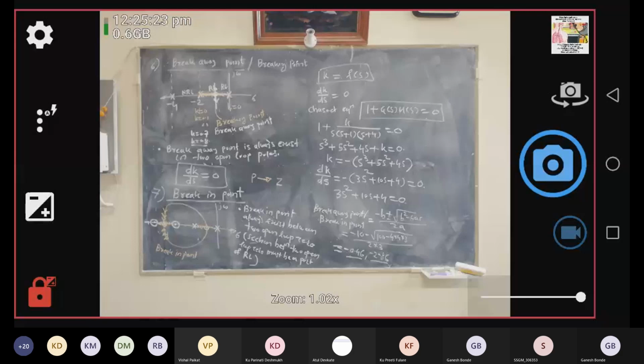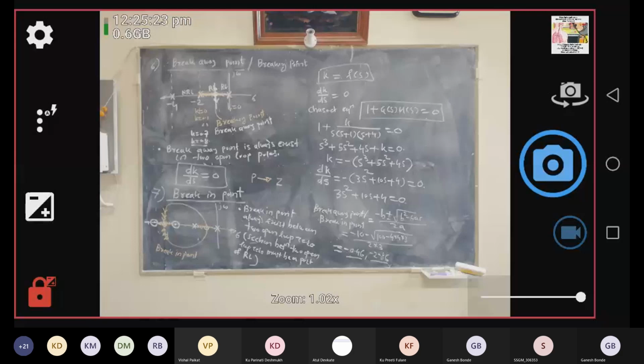So when there is a presence of complex conjugate poles in your transfer function, then only the angle of departure applies. The angle of arrival is related with complex conjugate zeros. So please remember these two terms. Angle of departure is related with complex conjugate poles, and angle of arrival is related with complex conjugate zeros.